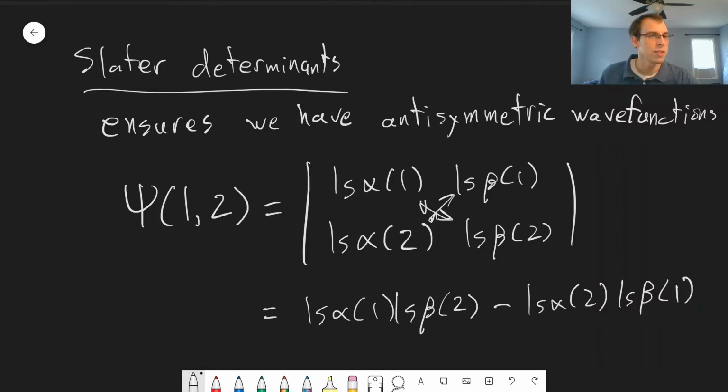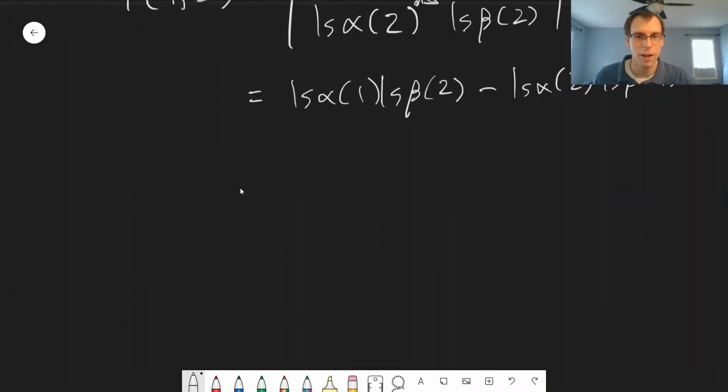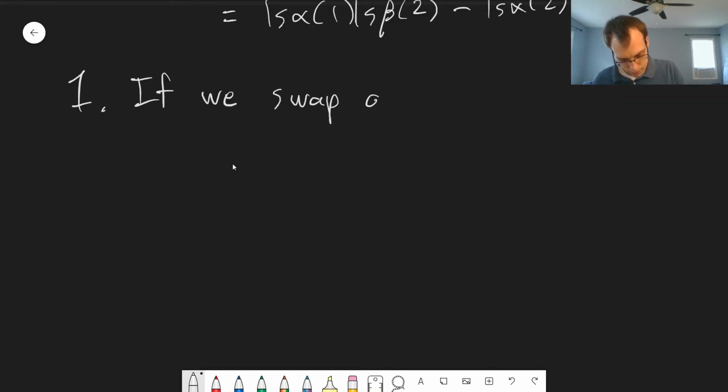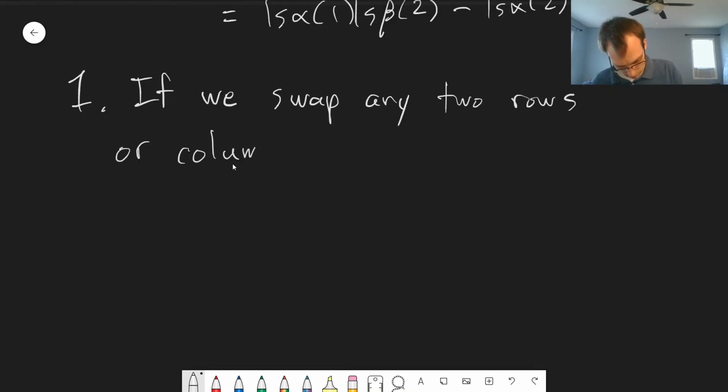Now, why do we do this with determinants? There are some properties of determinants that make it really suitable for this. So property number 1 is that if we swap any 2 rows or columns, the sign of the determinant changes.